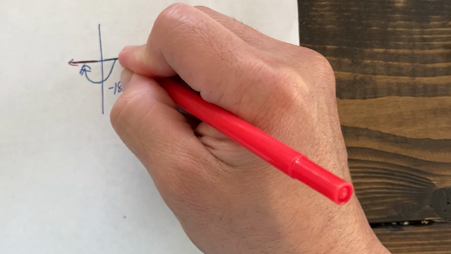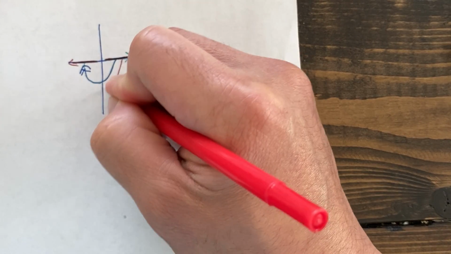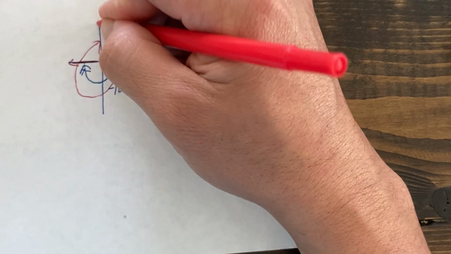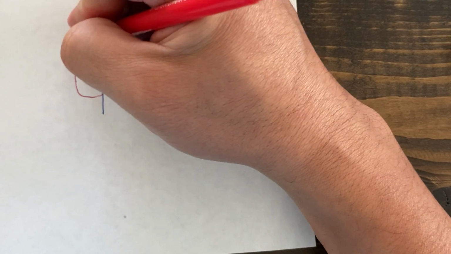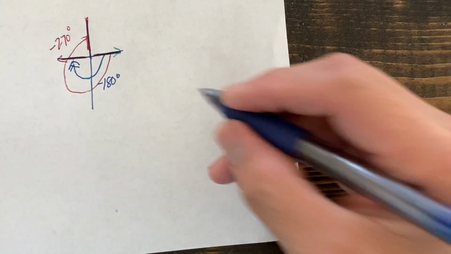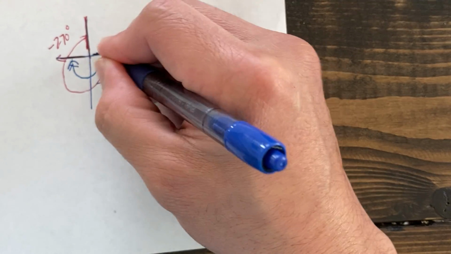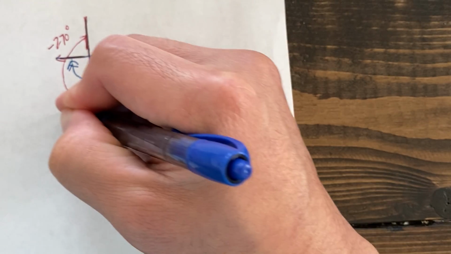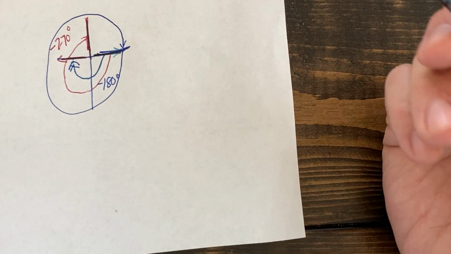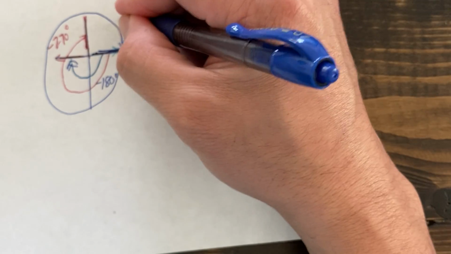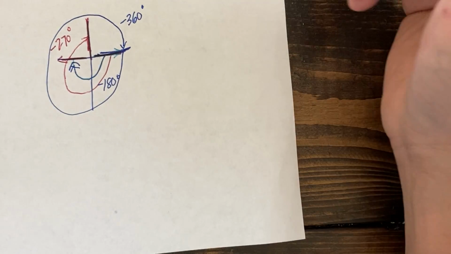And likewise, if we continue from here, this is the initial side, it goes that way and stops right here. That is considered to be negative 270 degrees. And a complete revolution from this initial side, it goes over one complete revolution and stops at the same spot where the initial side is, in a clockwise direction. That's negative 360 degrees.